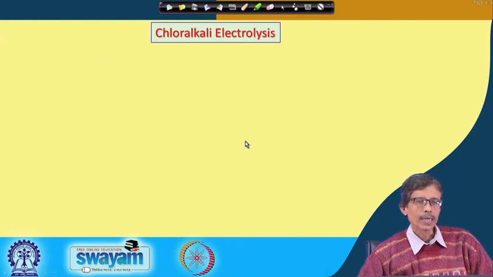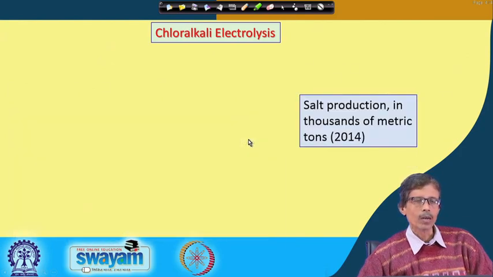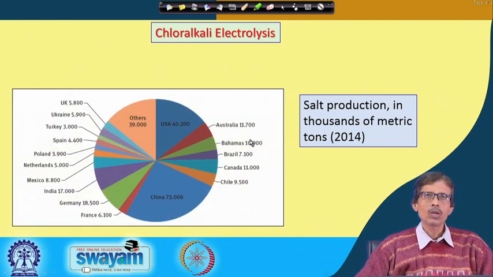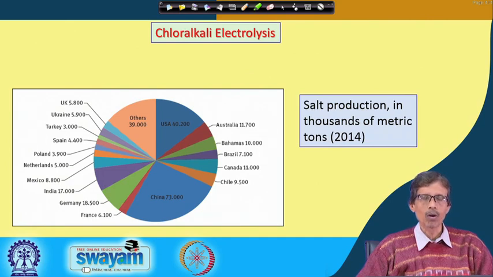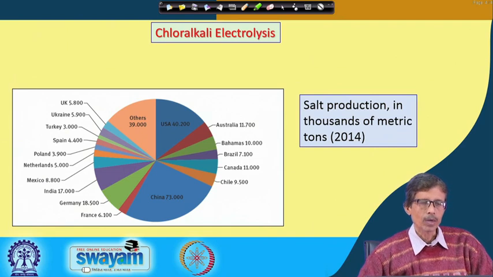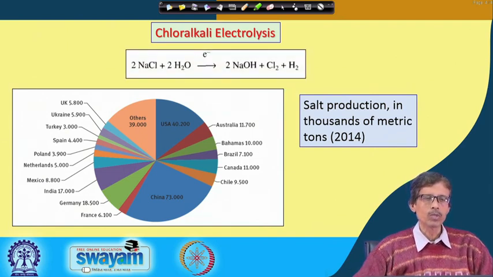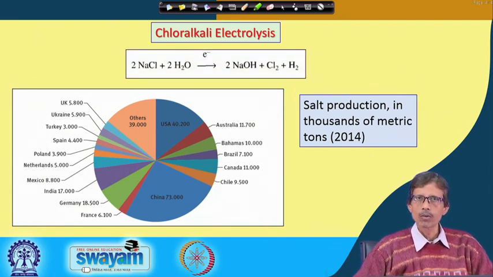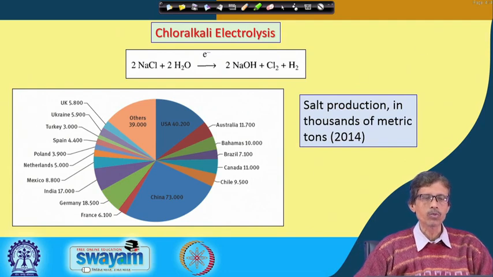Interestingly, the raw material we have throughout the globe, and how people can produce the different types of these salts, that means the sodium chloride, because this sodium chloride will be used for this particular electrolysis. We have seen last time that during this electrolysis we get sodium hydroxide, we get chlorine as well as hydrogen.